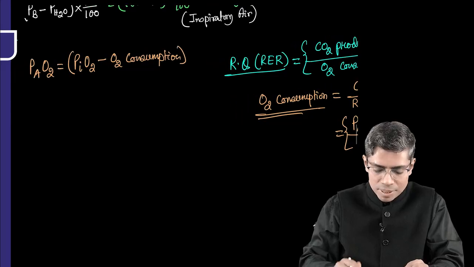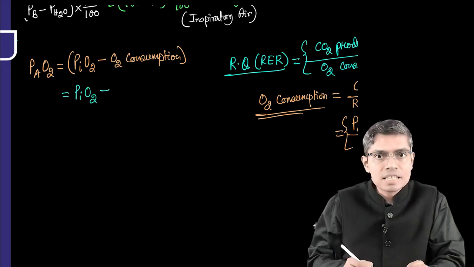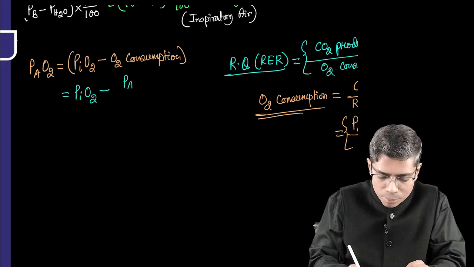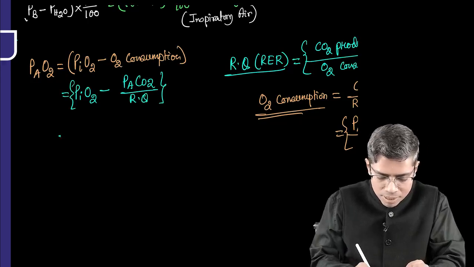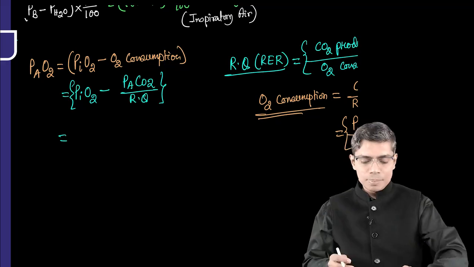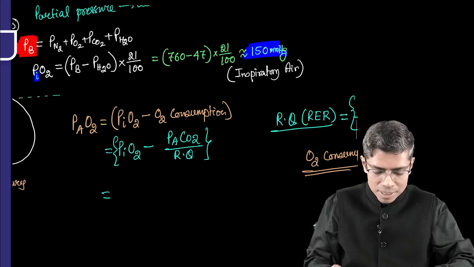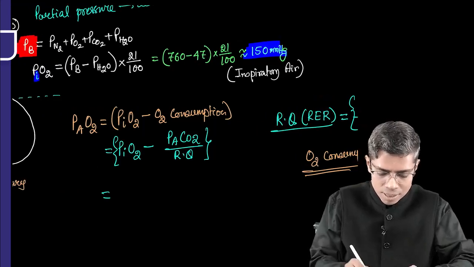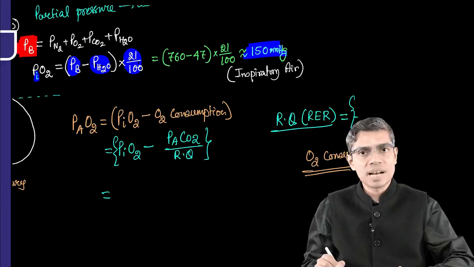So now if I replace here, the equation will be like this: PiO2, that is the partial pressure of oxygen in the inspiratory gas, minus PACO2 upon your RQ. Now how have we calculated this PiO2? Look here, PiO2 is calculated by the equation Pb minus PH2O multiplied by the fraction of oxygen.